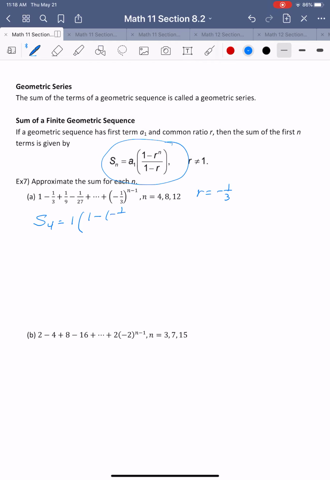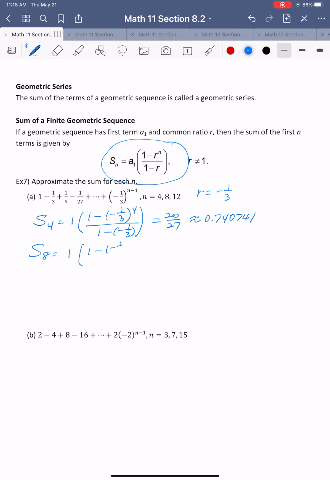So negative 1/3 to the fourth power over 1 minus negative 1/3. Then calculate that: it is 20 over 27, which is about 0.740741.